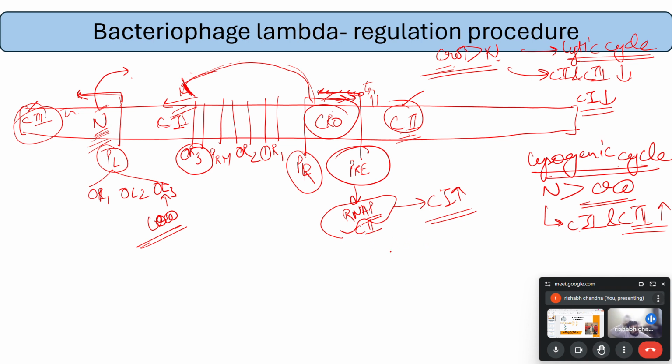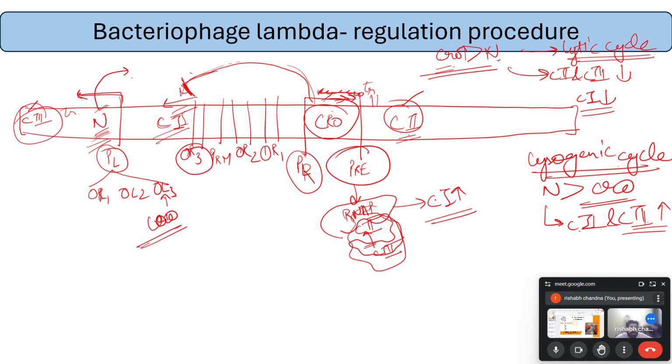Now C3 basically protects C2. From proteolysis by FTS proteins, C3 protects the C2 molecule. So this is how they work in combination. This leads to an increase in the concentration of C1 molecule.